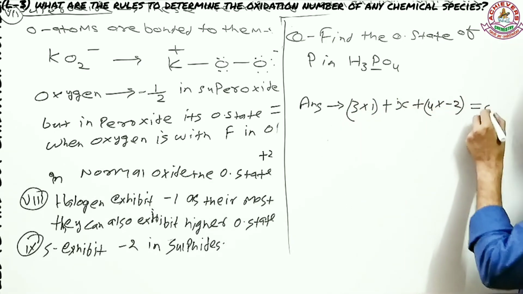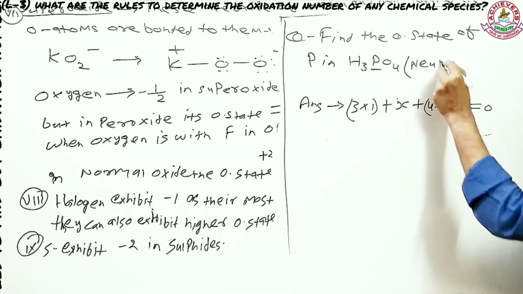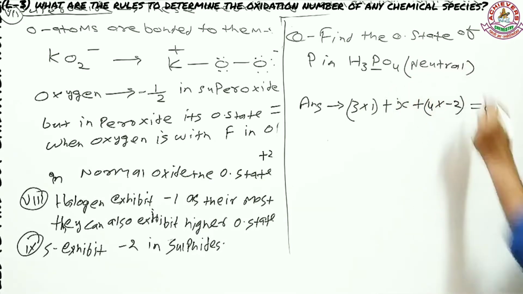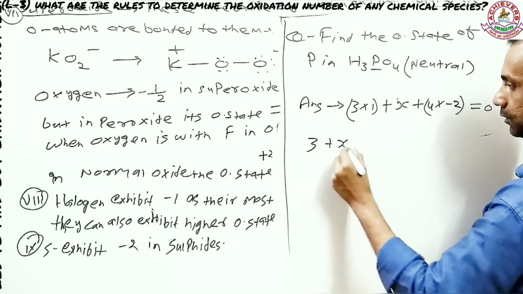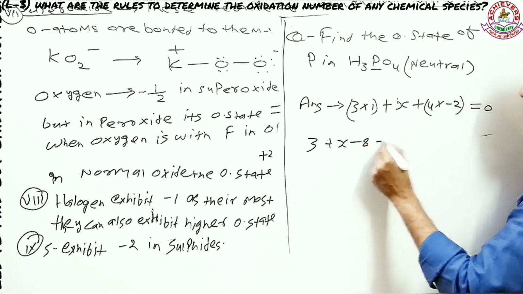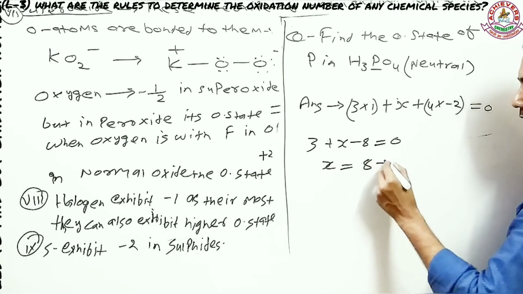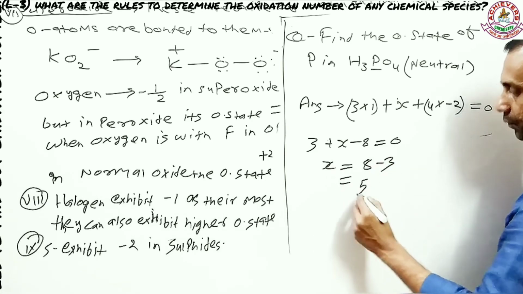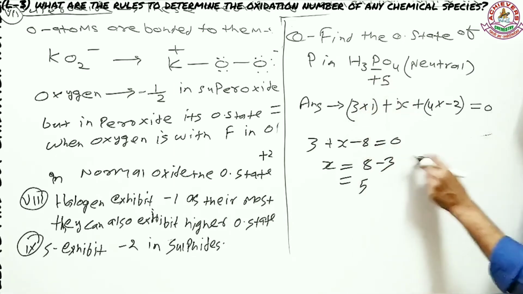That's going to be equal to 0. Why 0? Because this is a neutral species. If you solve it, this is going to be 3 plus X plus -8 equal to 0. Then X is going to be 8 minus 3, so that's coming out to be 5. So the oxidation number of phosphorus is 5 here. So that's how we use it.